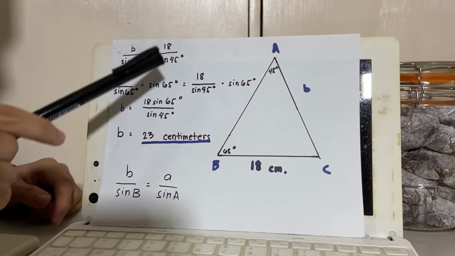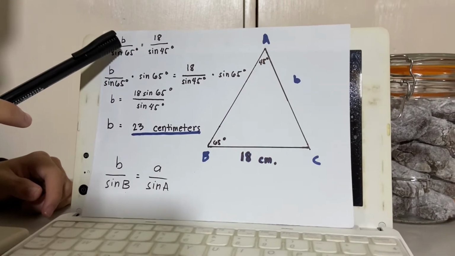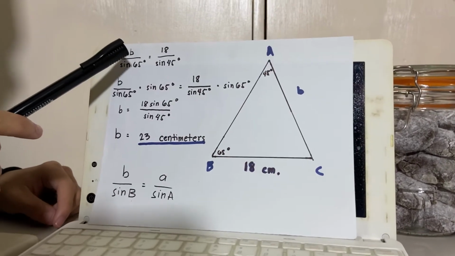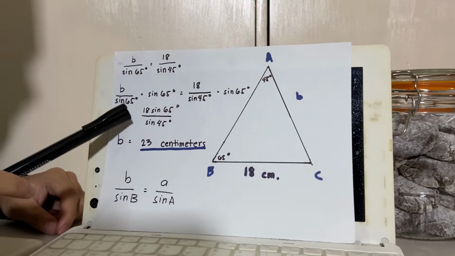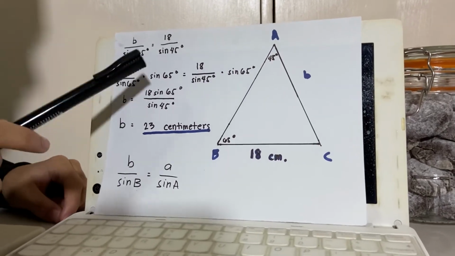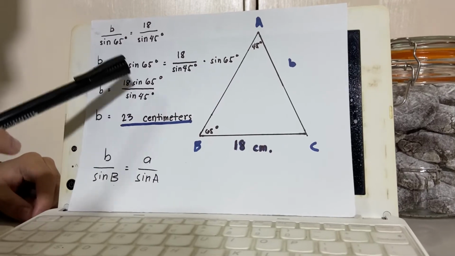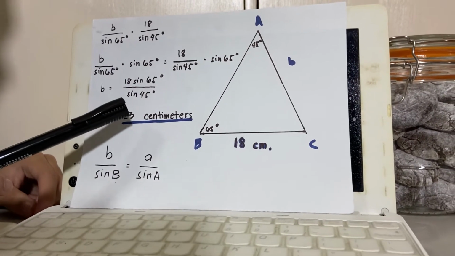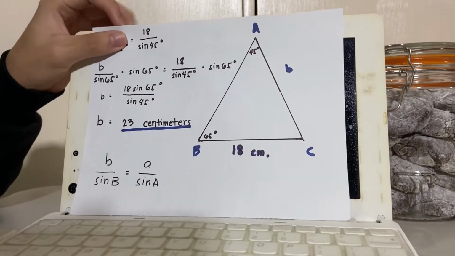We're going to manipulate the formula to get B alone so that we can find out what it is. Once you've done all that, you should get 18 times sine 65 over sine 45. When you compute this in a calculator, it should show 23 centimeters. And that's the measure of side B.